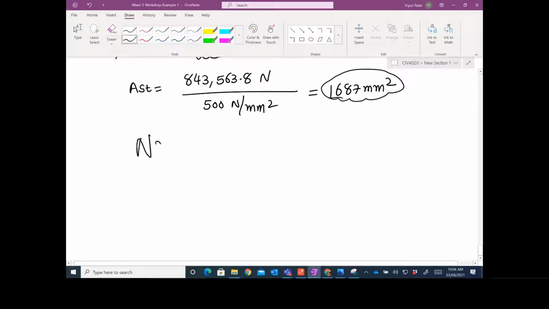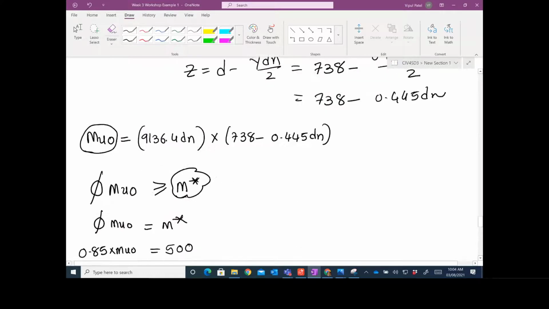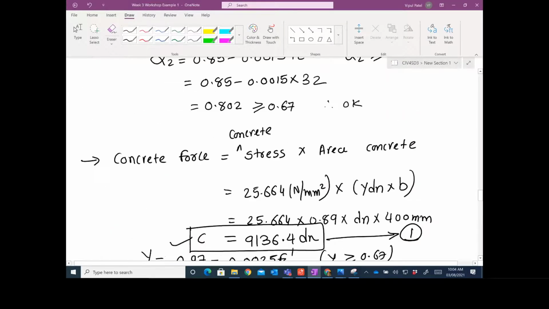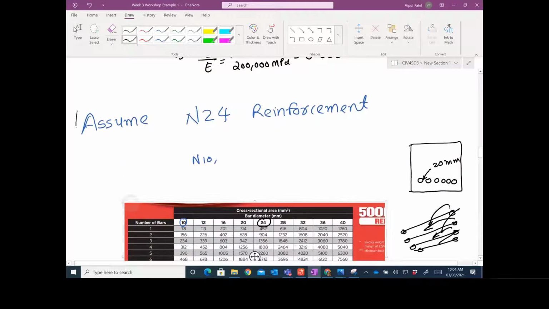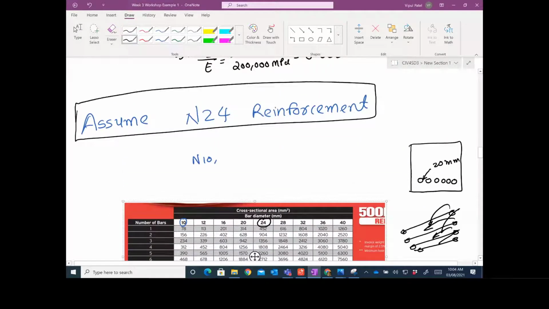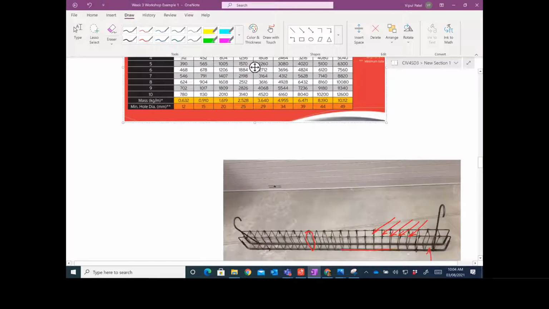Now we make an assumption, N equal to 24. You remember that, right? You remember the assumptions that we make, the N24s. There you go. Assume N24 reinforcement. Now for this N24 reinforcement, can I copy this one? We can drag it, but not copy.